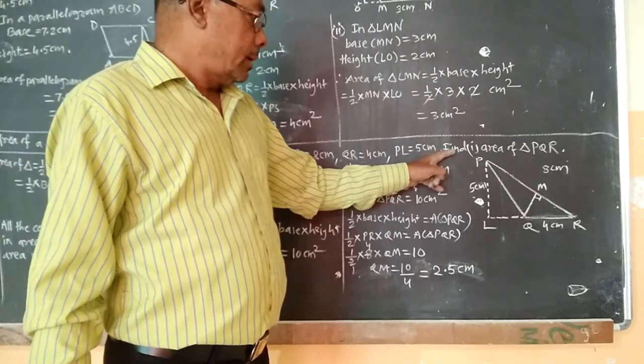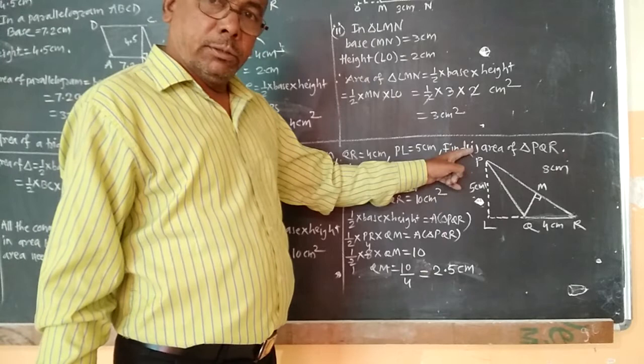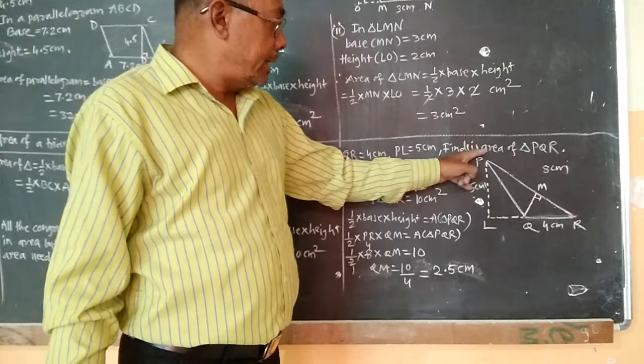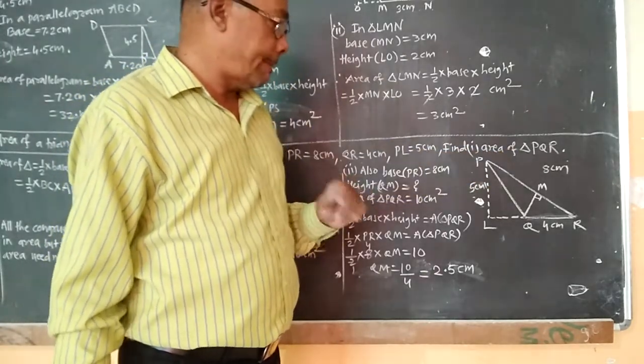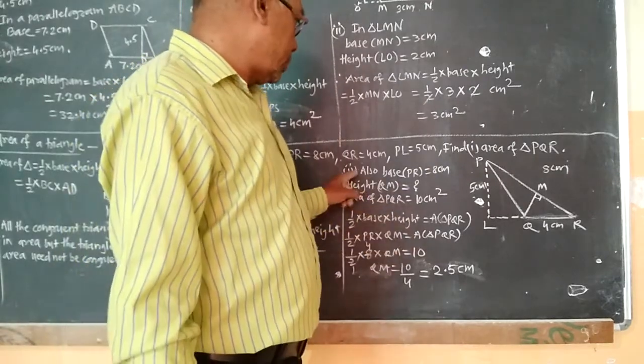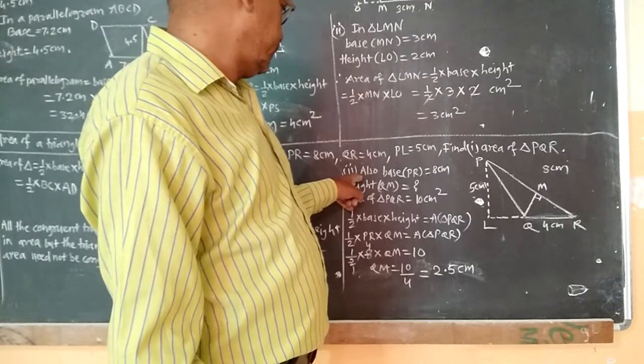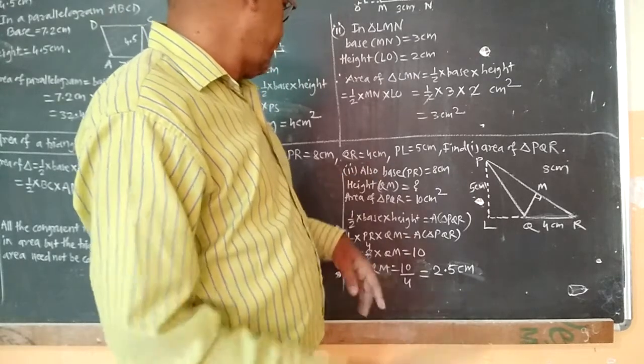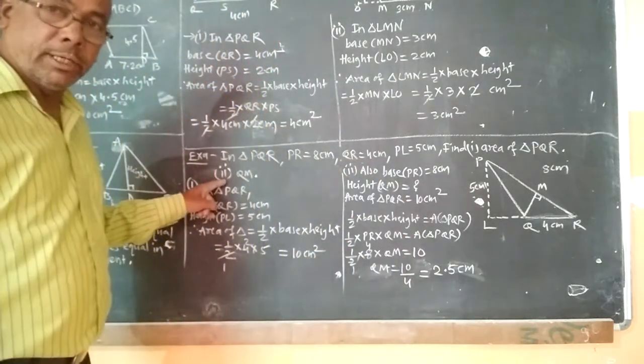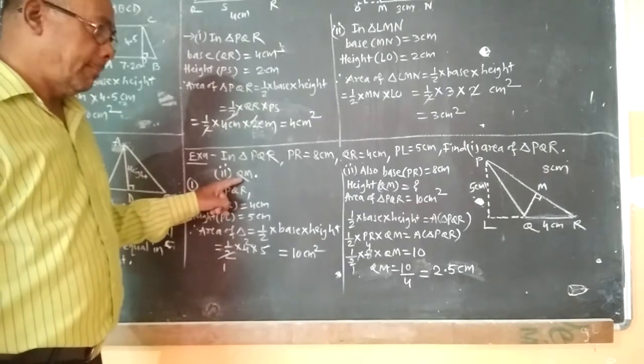Find, first, the area of triangle PQR, and second, QM.